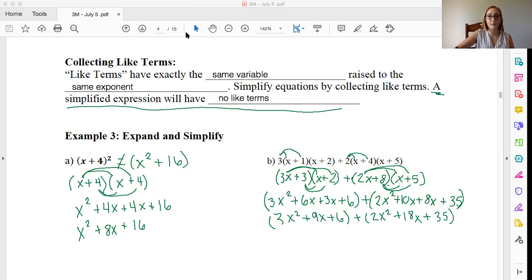So I'm going to use different colors for these guys. Okay. So here we've got our x squareds that can go together. So 3x squared plus 2x squared is 5x squared. We've got our x's, so 9x and 18x, which gives us 27x. And finally, just our constants at the end. So 6 plus 35.